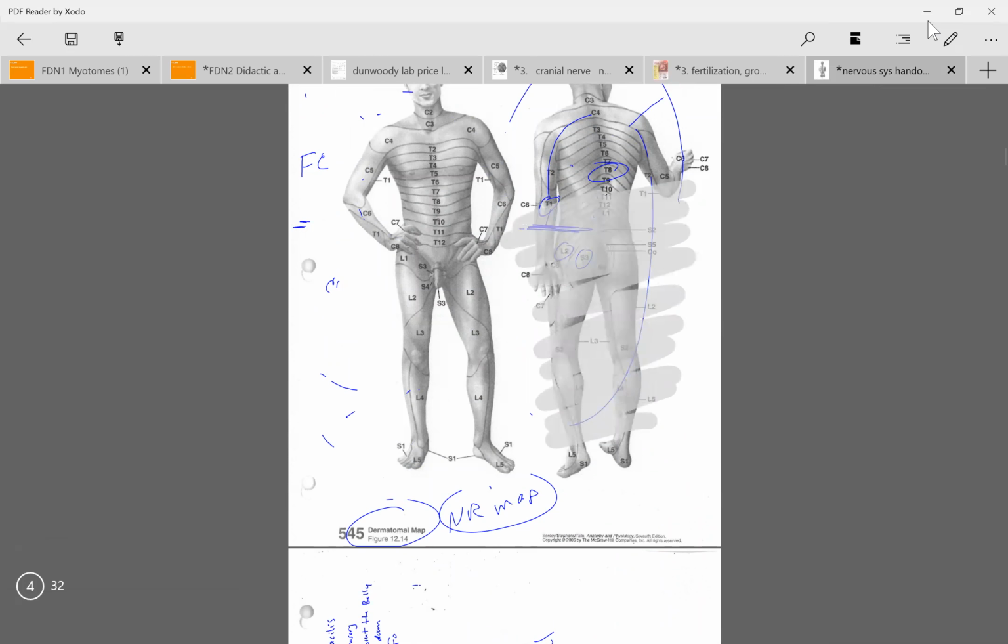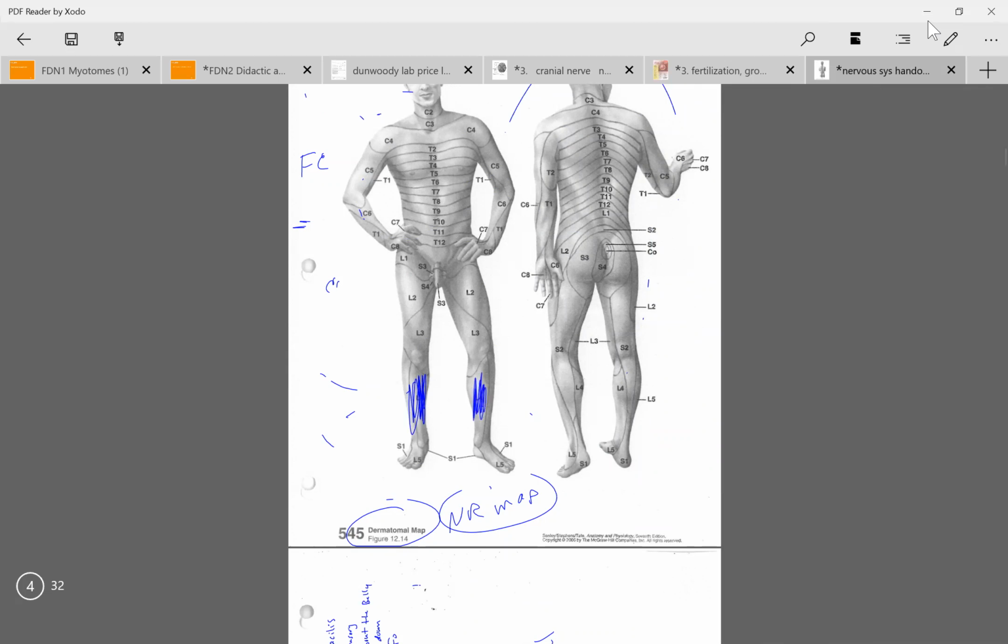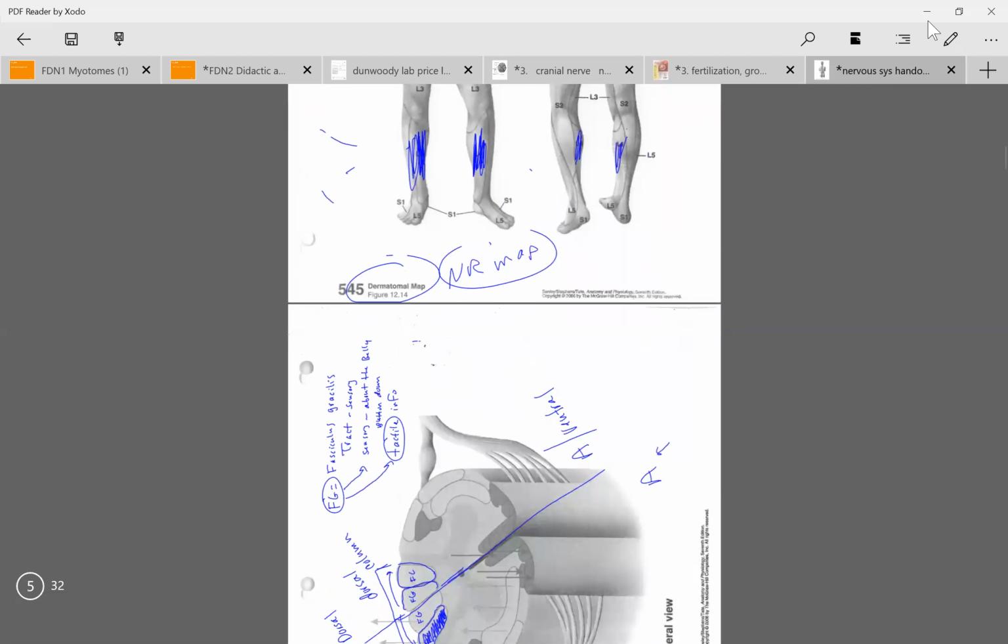If a person came in with numbness and tingling in their shin, I'm not thinking T2. That's not level appropriate. I'm thinking somewhere in the low back, like L4, for example, because that is the dermatome map, another way of saying your neurological map or your nerve root map. I'm thinking there might be something going on in their low back, why they're feeling an issue in their lower leg, because that's level appropriate.